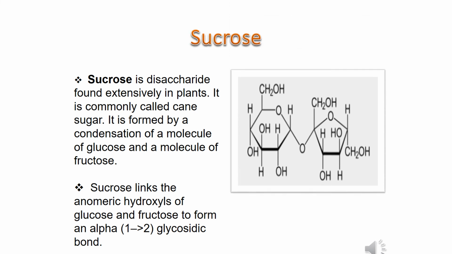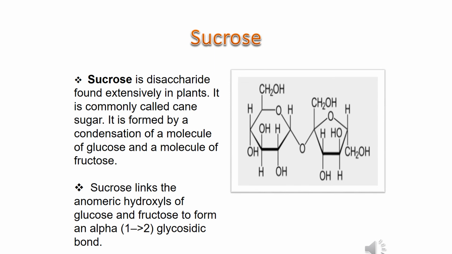So next is sucrose. Sucrose is a disaccharide found extensively in plants. It is commonly known as cane sugar. It is formed by the condensation of a molecule of glucose and a molecule of fructose. So here the bond is an alpha 1,2 glycosidic linkage.